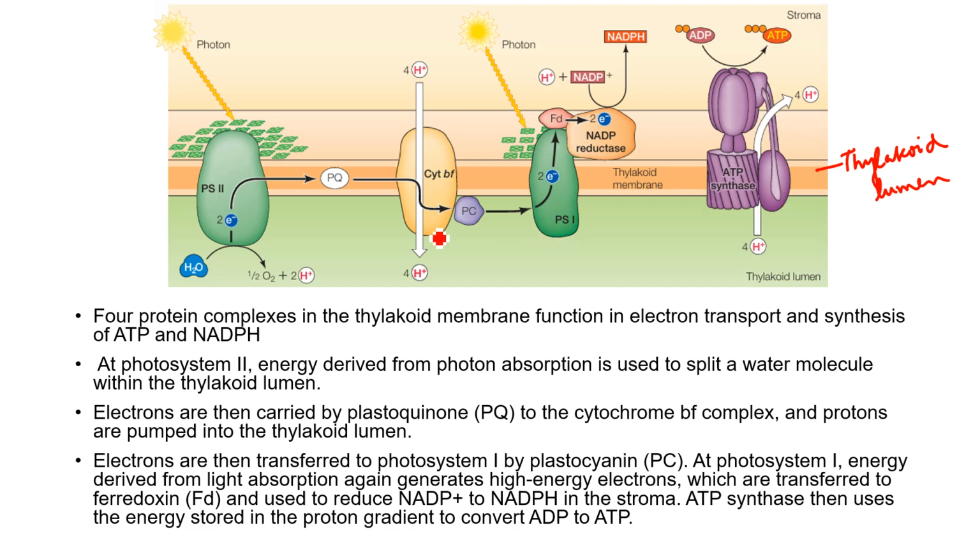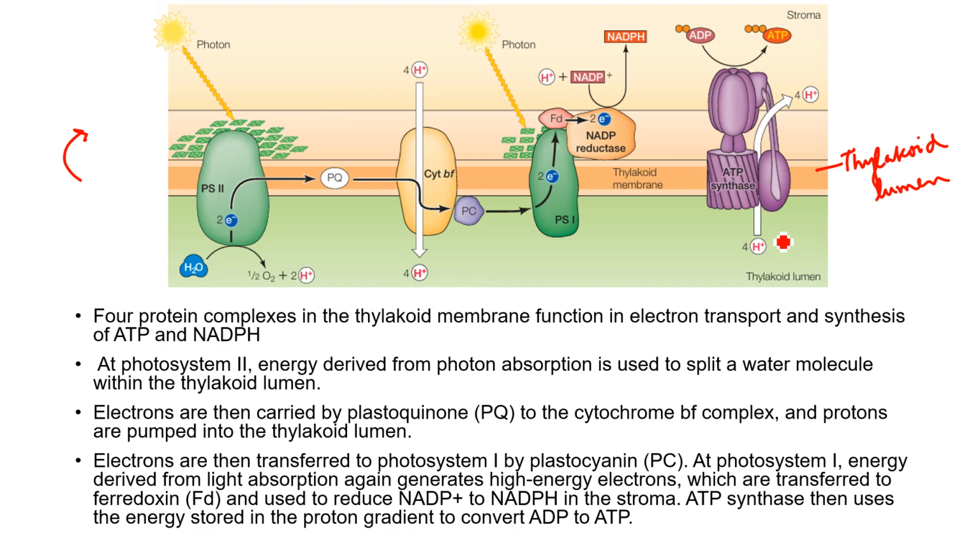Here, when electrons are transferred from one complex to the other, protons are pumped from the stroma into the thylakoid lumen. There, protons were transferred from the matrix to the intermembrane space. Here the protons are transferred from the stroma to the thylakoid lumen.